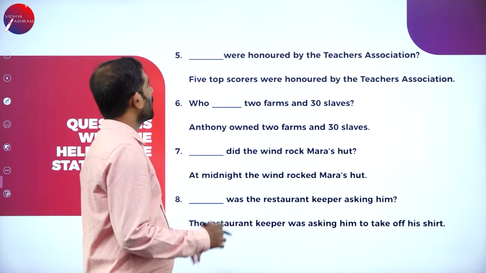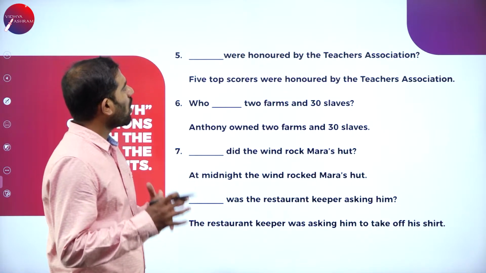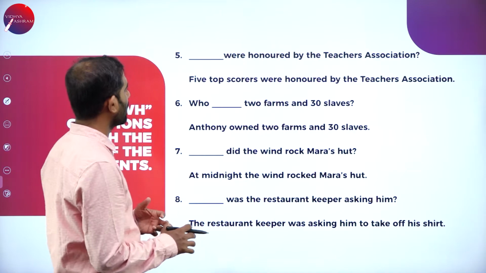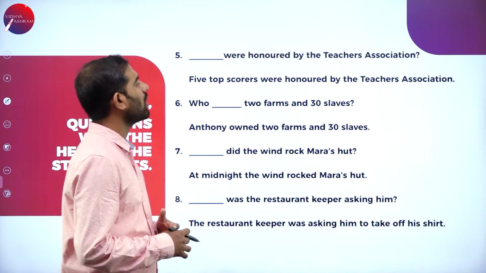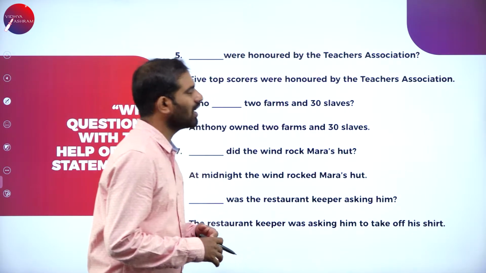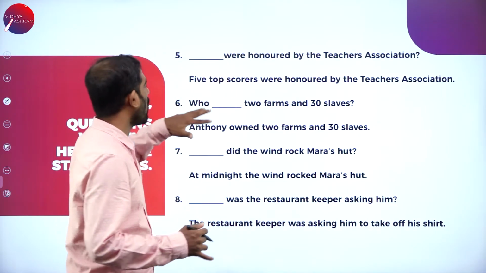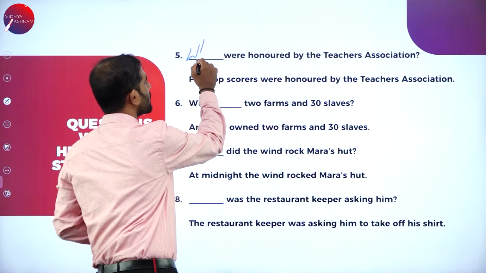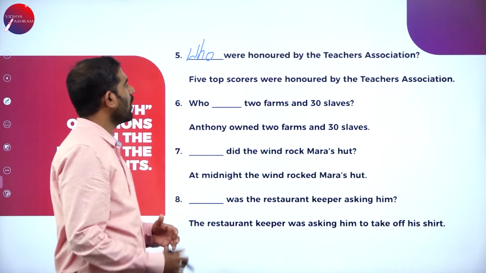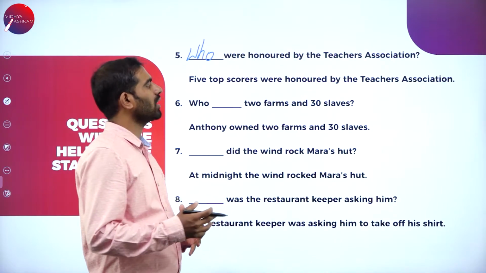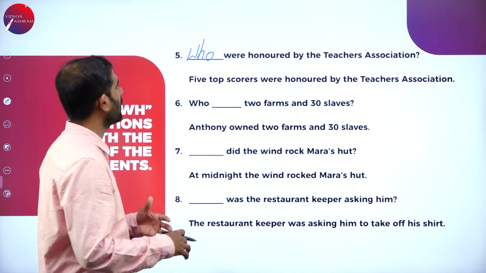Next one, dash were honored by the Teachers Association. 5 top scorers were honored by the Teachers Association. Here, who were honored? WH, as I told you, who were honored? 5 top scorers were honored by the Teachers Association.